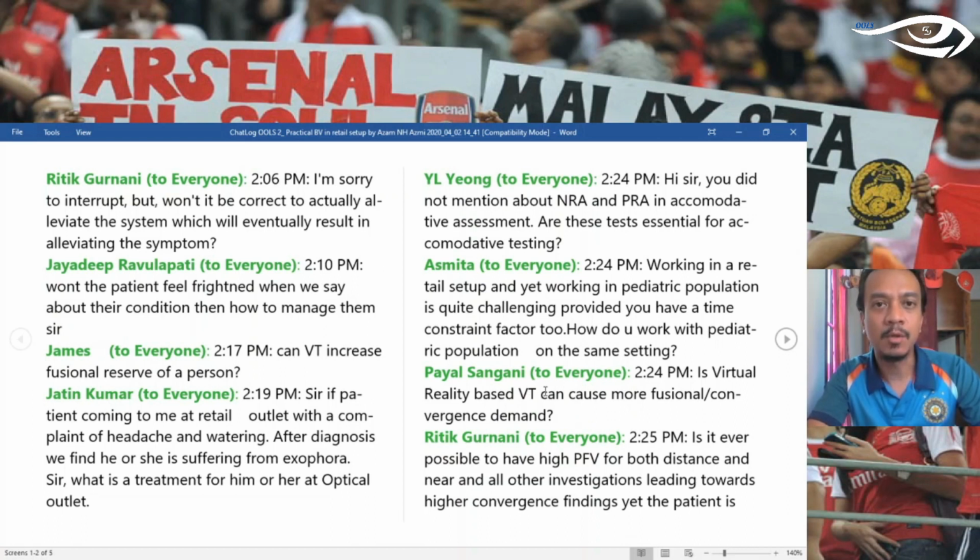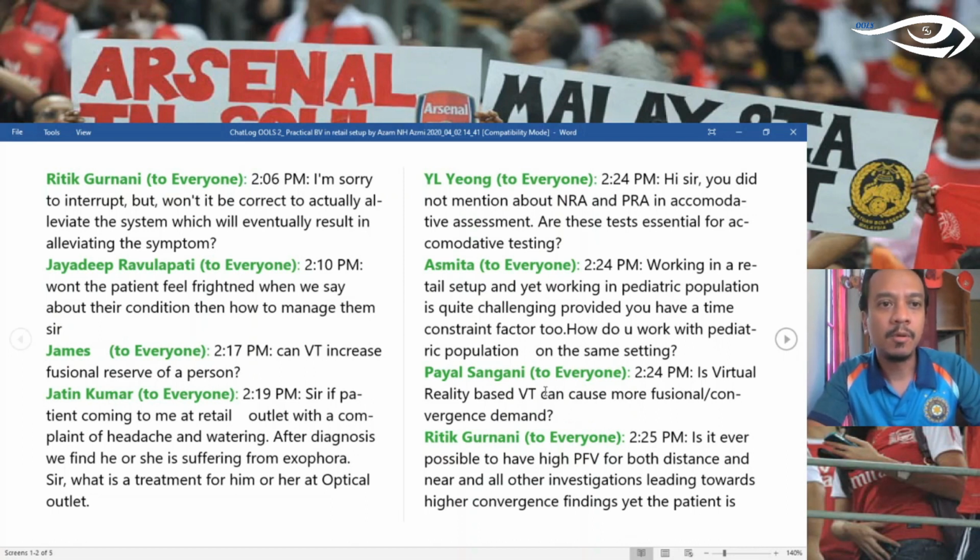Whatever system you want to manage, accommodation or vergence, still needs to be done and conducted after the symptom has been alleviated. That will make the management of the case much easier, and it will also help in getting and keeping the motivation of the patient intact throughout the process of managing the patient. So I hope I'm answering the question from Ritik Gurnani.